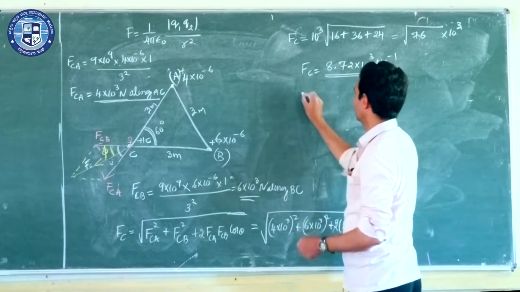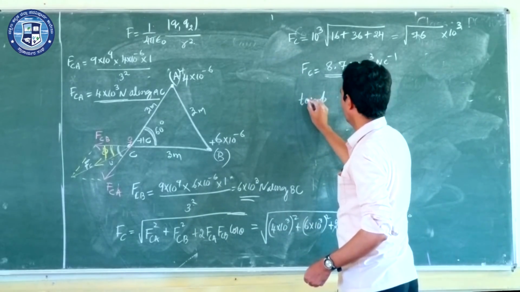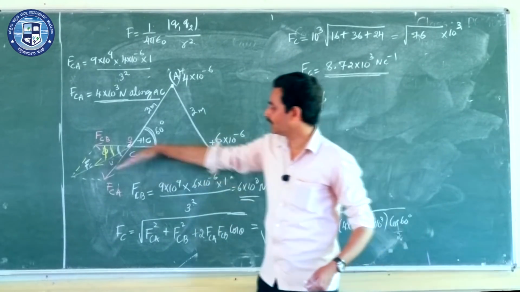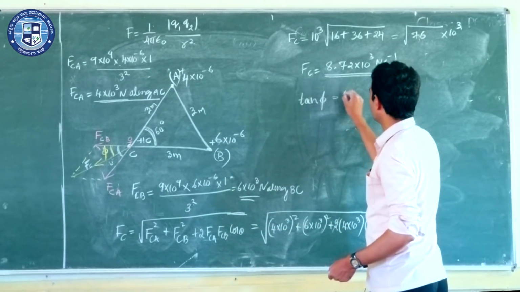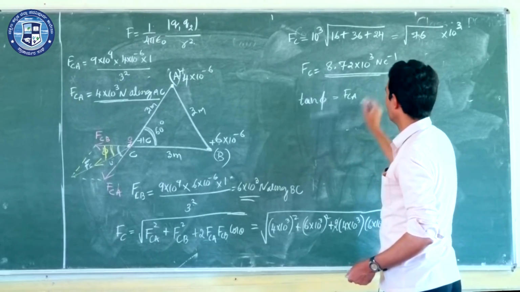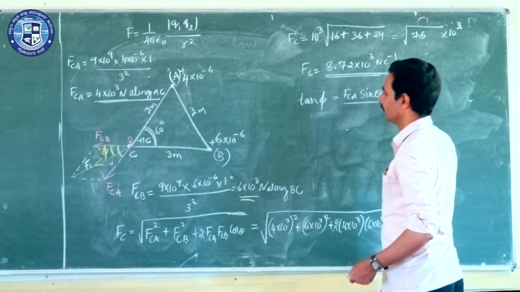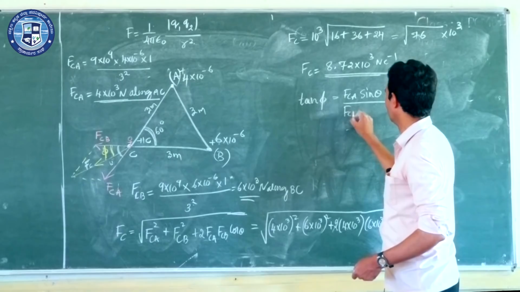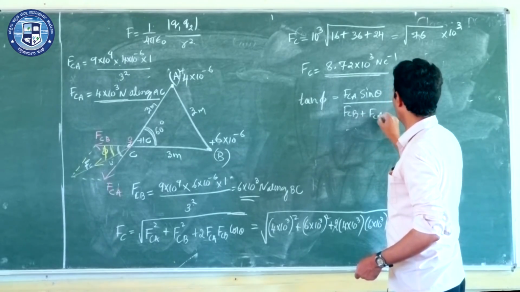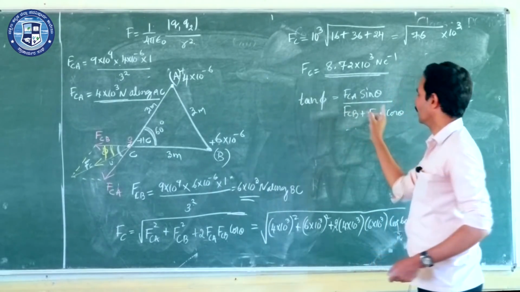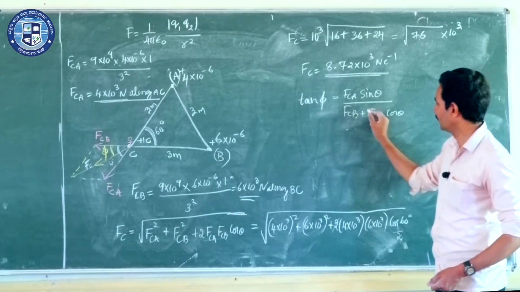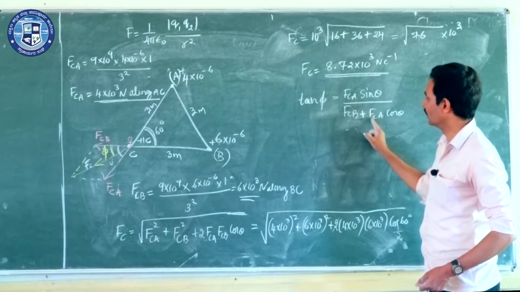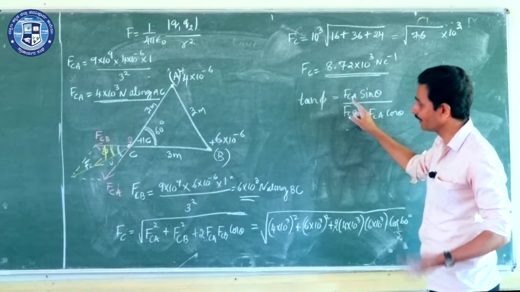You have to write the formula like this: tan phi, the angle made by the resultant force with one of the forces, is equal to FCA sin theta divided by FCB plus FCA cos theta. Usually, when you find out the resultant, the sin theta and cos theta will come along with the force with which you have not taken the angle.